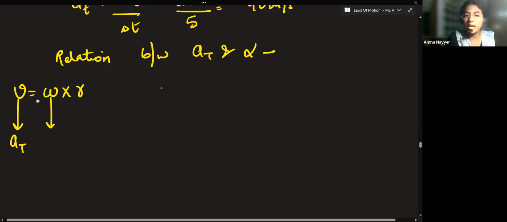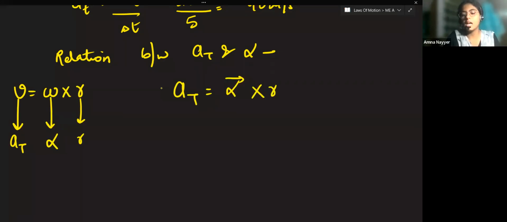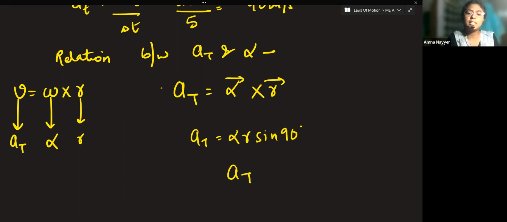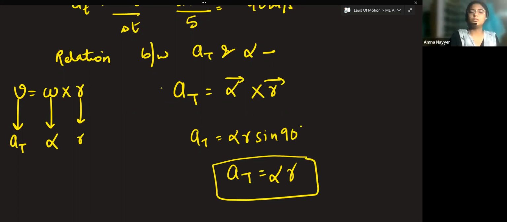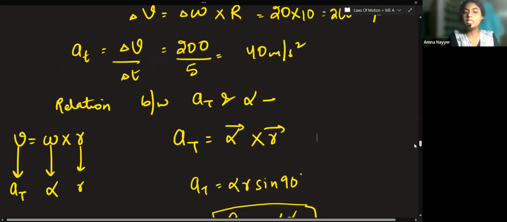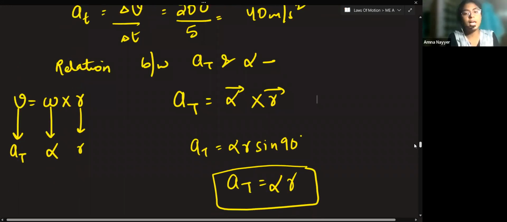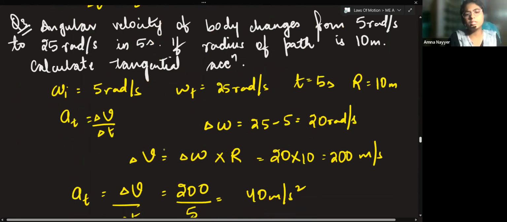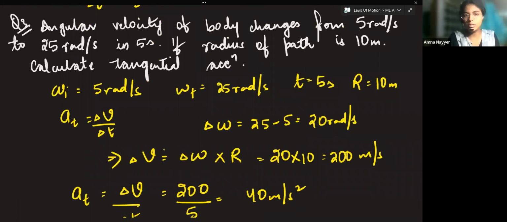Instead of angular velocity, you will have angular acceleration, and radius will remain the same. So tangential acceleration is alpha cross r, and since both are perpendicular, alpha r sine 90 degree will come. Tangential acceleration is alpha into r. This formula will also be used. Now note down that question also as well as this relation. So v is equal to omega r and a_t is equal to alpha r. Both these relations are important because everywhere this is used, not directly but indirectly for the conversions.